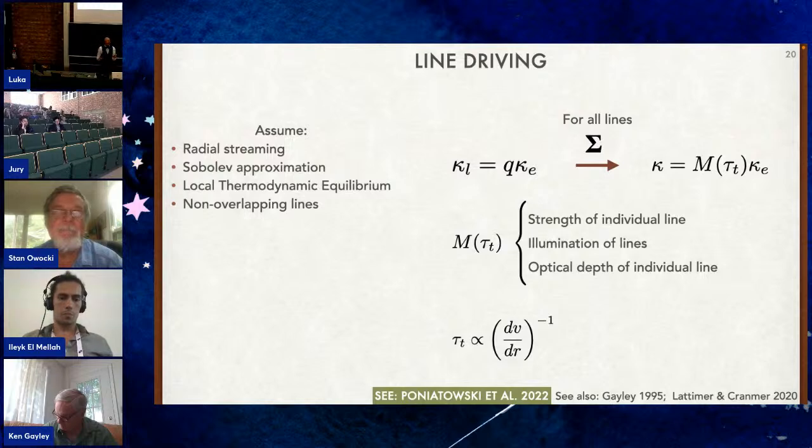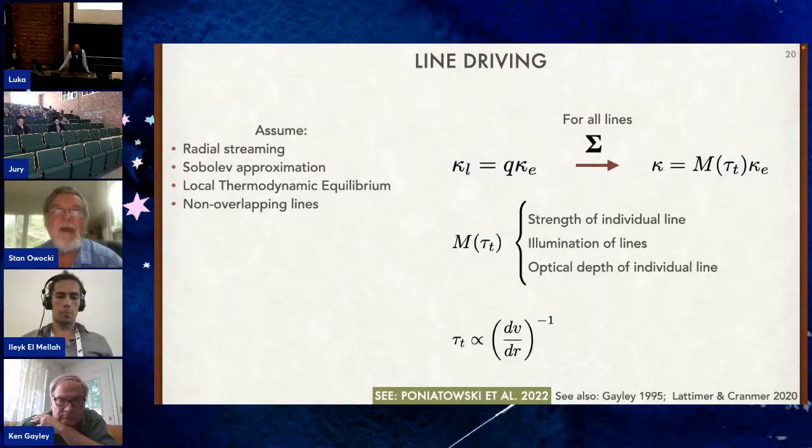The zones where the photons and lines can interact are the so-called Doppler resonance zones, and they depend on the velocity gradient and the thermal width of the line.